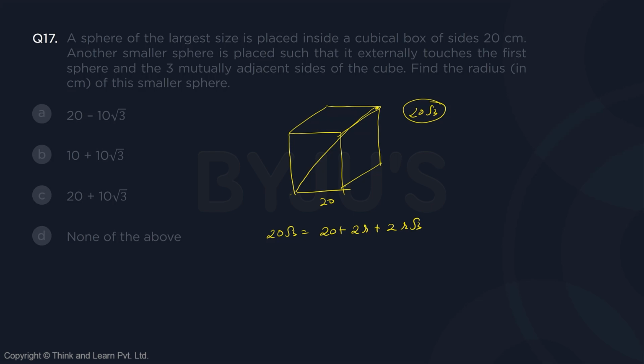Now let's solve it further. The 2 will be cancelled out, so r is equal to (10 root 3 minus 10) over (root 3 plus 1). Multiply this with root 3 minus 1 over root 3 minus 1.